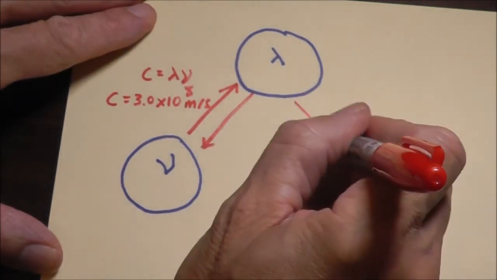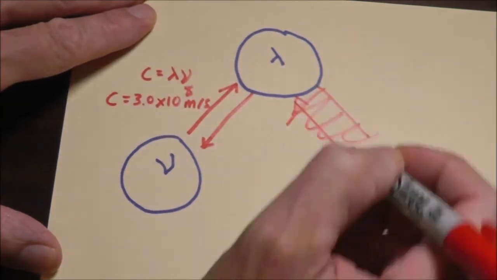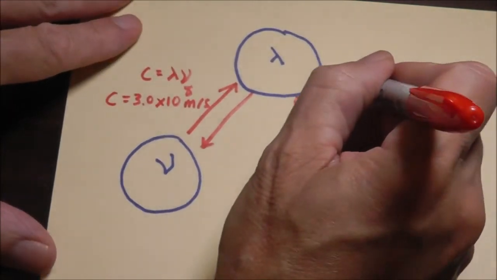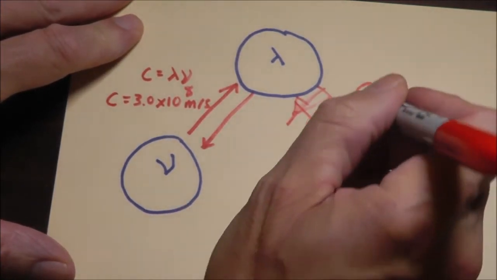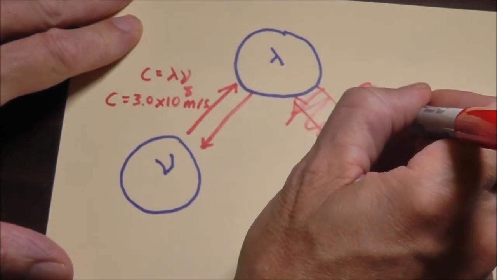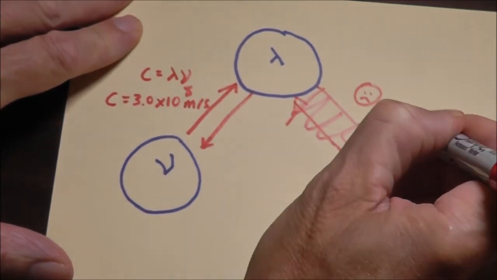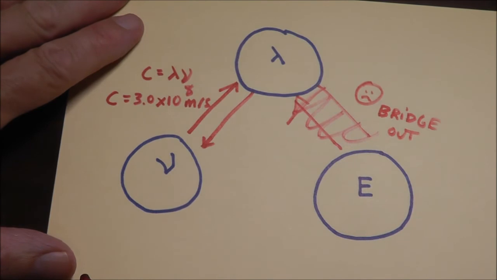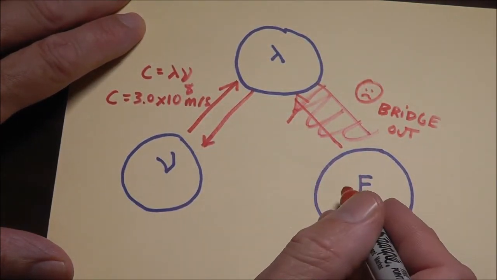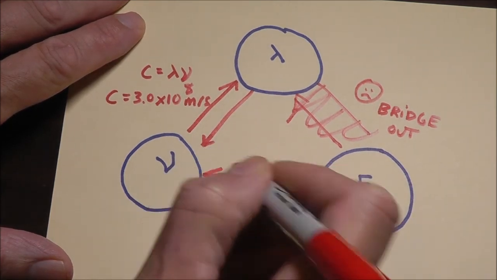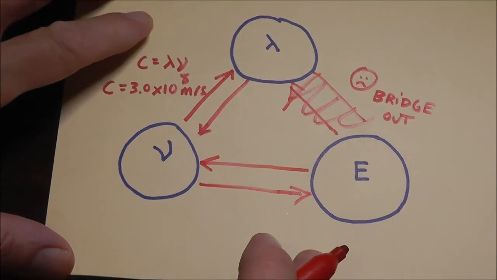And that makes a good point: there's no direct relationship between energy and wavelength. You've got to convert your wavelength to frequency, or in the last example, convert your energy to a frequency and then your frequency to a wavelength.